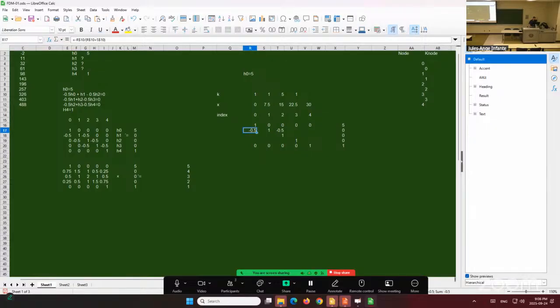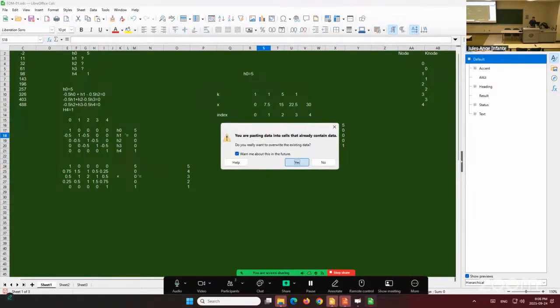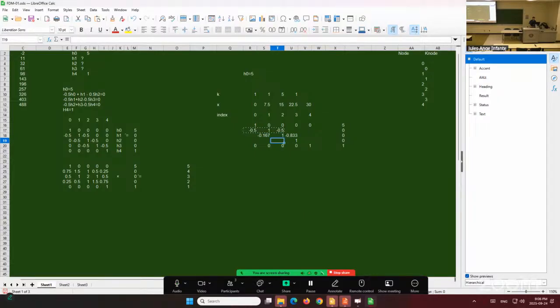So when both are equal, it's minus 0.5, like it was before. And look, this is a diagonal, so I can basically paste it in both of these. So I need to just fill everything else with zeros.